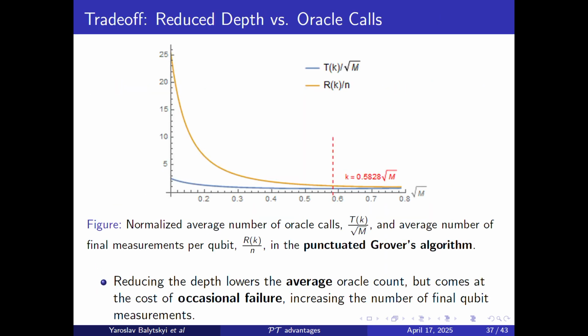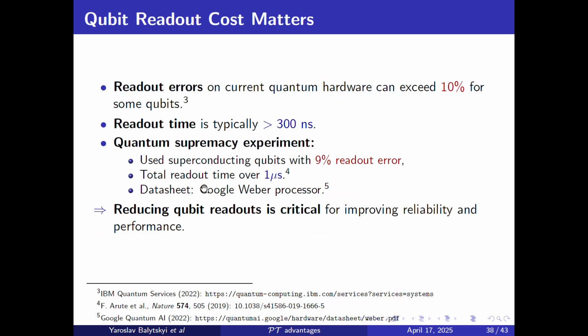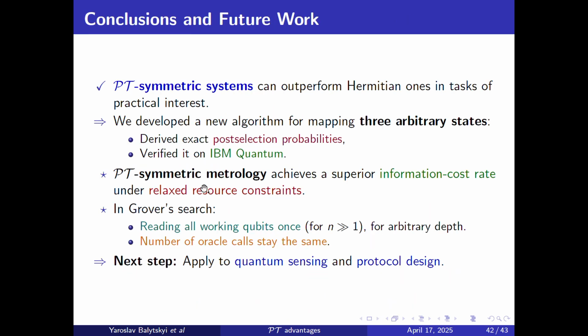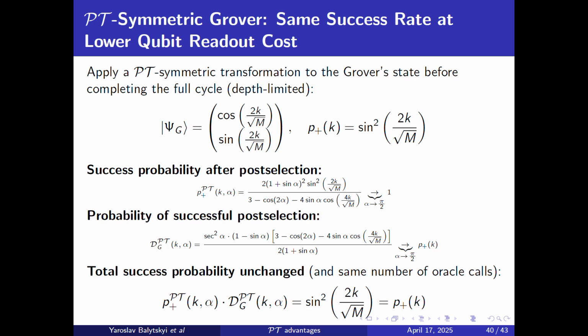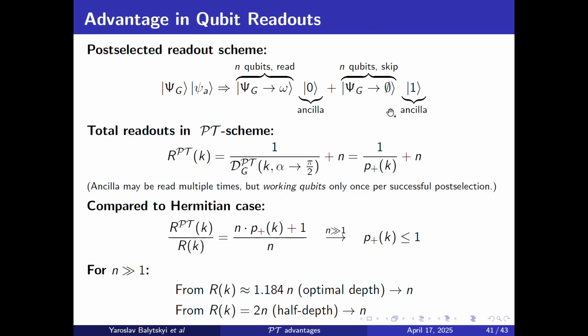Okay, and essentially, if you are having shallow depth searches, you may have to read the ancilla many times, like 10 times or 5 times. But regardless of the depth of your circuit, our scheme enables you to read only in the case when you certainly know that the solution is there. If the solution is not there, you are skipping. You are not reading that.